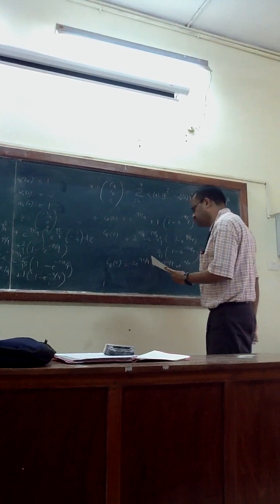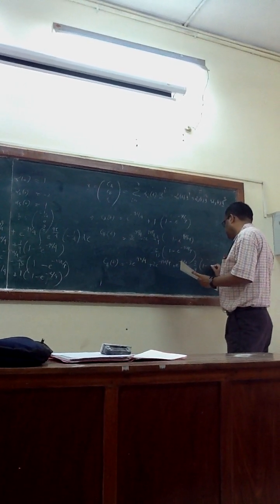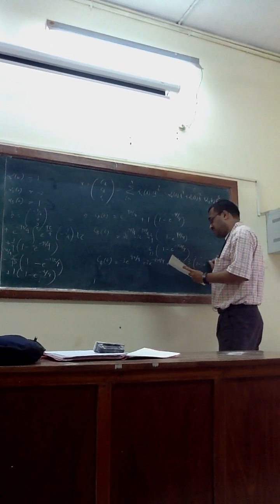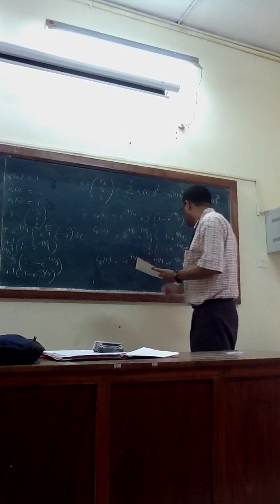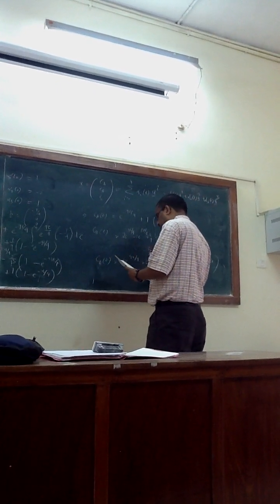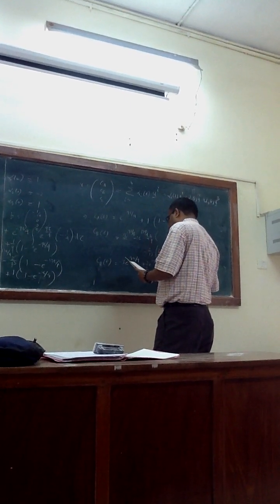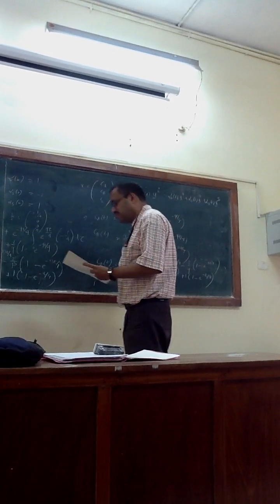Next term, minus 3 by 9, 1 minus e to the power minus 9t by 4. Plus 2 by 13, 1 minus e to the power minus 13t by 4. Plus 1 minus e to the power minus t by 4.